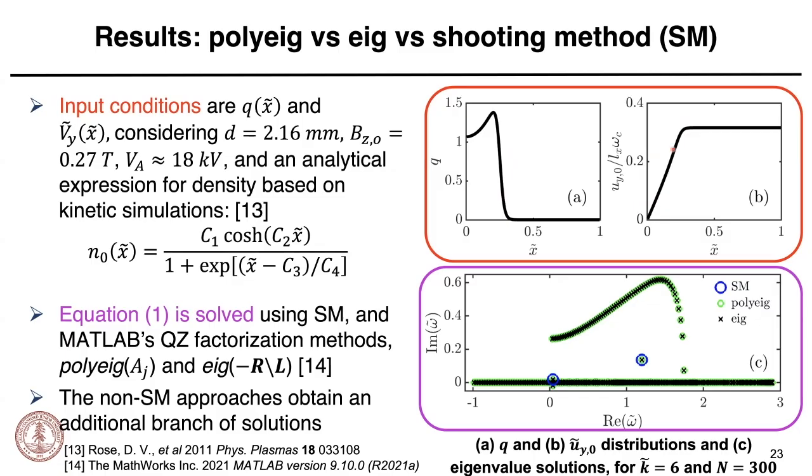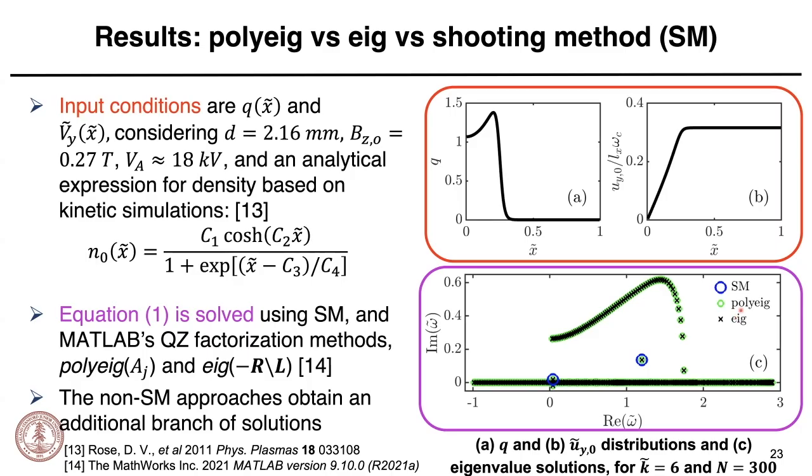And so we take these inputs and we put it into that eigenvalue equation. And what I'm showing here is the eigenvalue solutions through those three different methods. The blue circles is the shooting method, where you get these two solutions, which, of course, had to be obtained independently using different initial guesses.